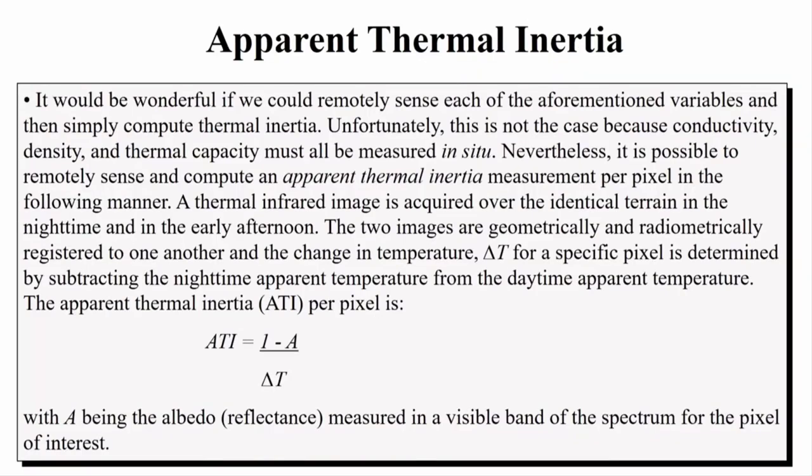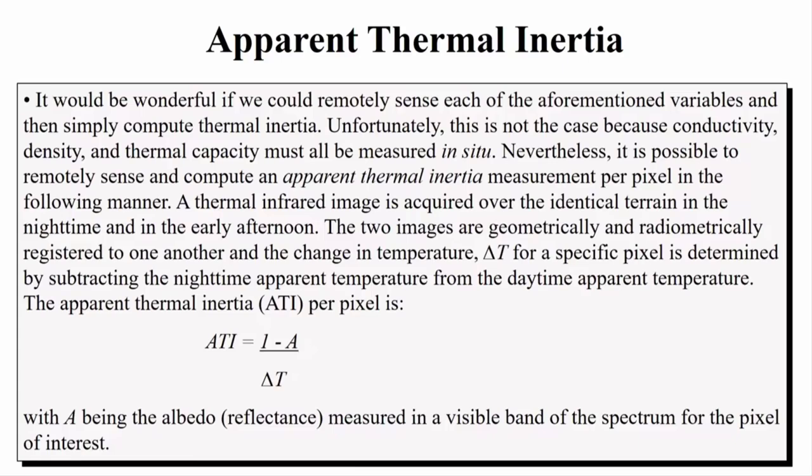In the real world, it would be wonderful if you could remotely sense each of the aforementioned variables, like thermal capacity, thermal inertia and all the thermal properties of the terrain. Unfortunately this is not the case, because conductivity, density and thermal capacity must be measured in situ.